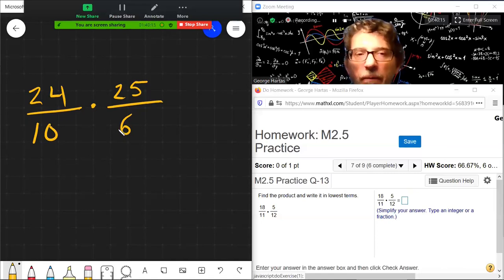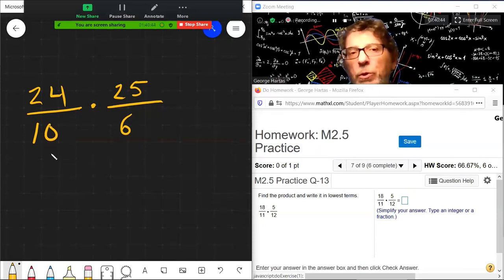Here we go. Can we reduce this? Actually, we can, because they're both even numbers. Nothing wrong with doing that. But what I'm eyeballing, I'm already ahead of the game here. This reduces really nice. That reduces pretty nice too.